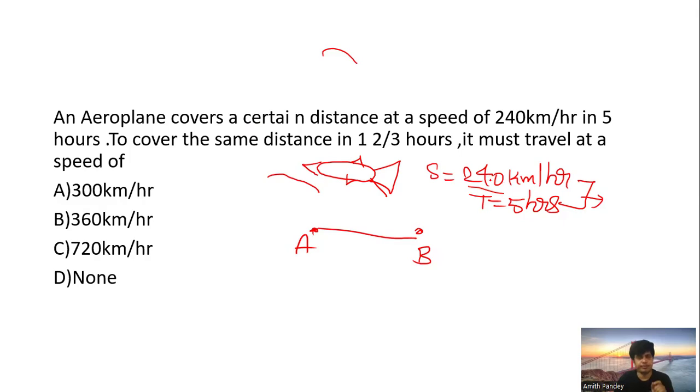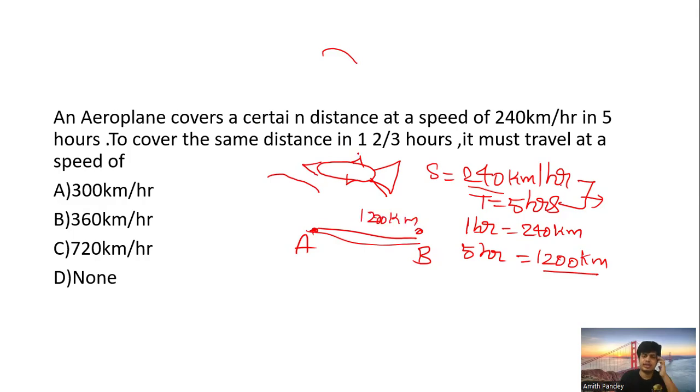If speed is 240 kilometers per hour, it means in 1 hour, 240 kilometers. So in 5 hours, how much? 240 into 5, that is 1200 kilometers. So is any formula required? No. From A to B, the distance is 1200 kilometers.